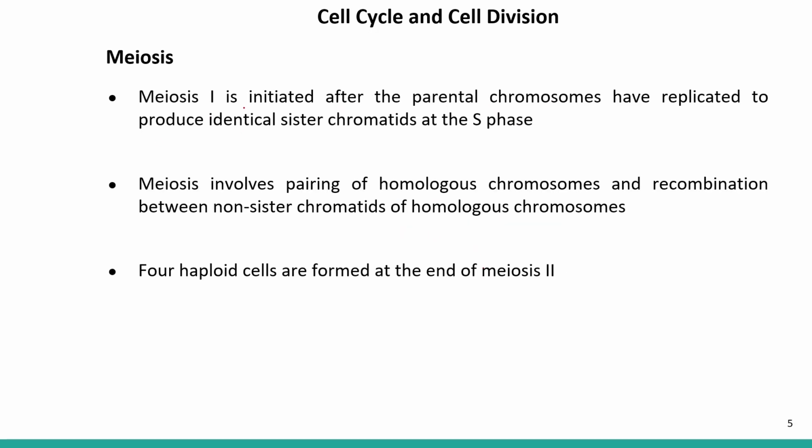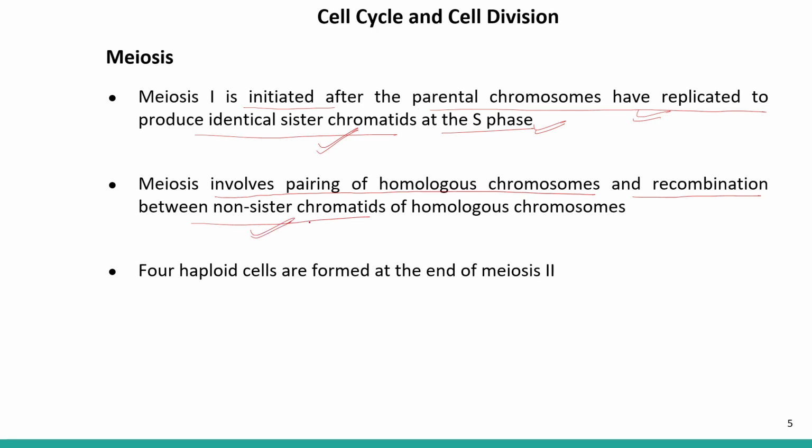Meiosis 1 is initiated after the parental chromosomes have replicated to produce identical sister chromatids at the S phase. In the S phase, the synthetic phase of interphase, DNA replication takes place. The parental chromosomes have replicated and produce identical sister chromatids. Meiosis involves pairing of the homologous chromosomes and recombination between the non-sister chromatids, a very important process.